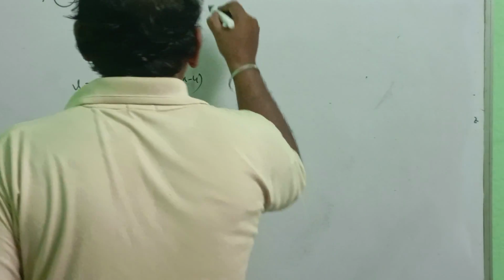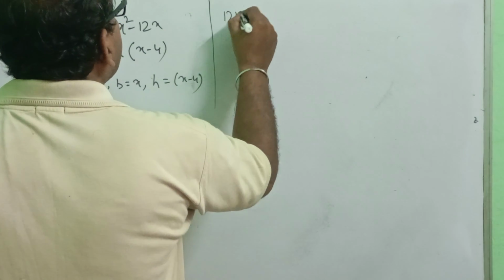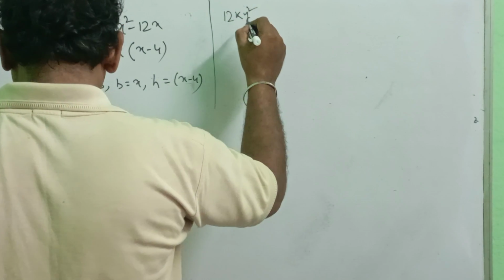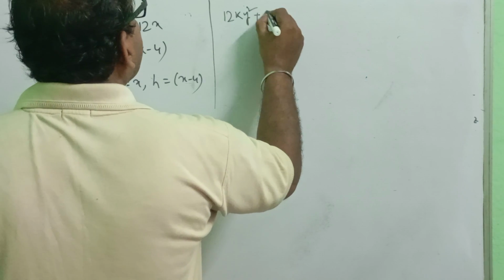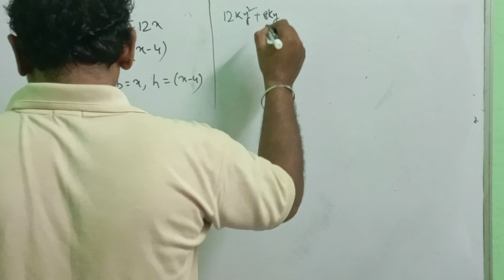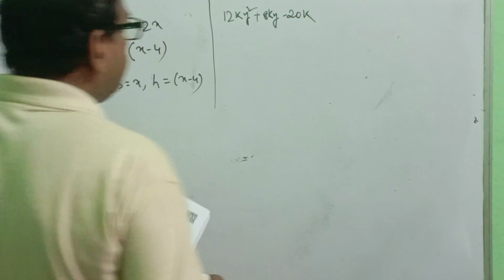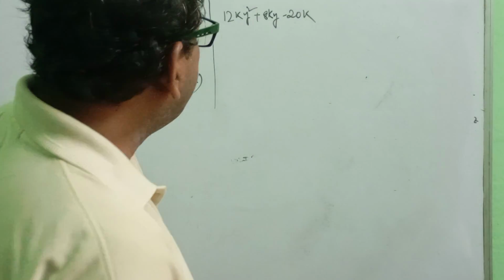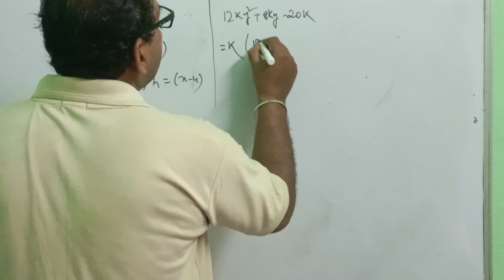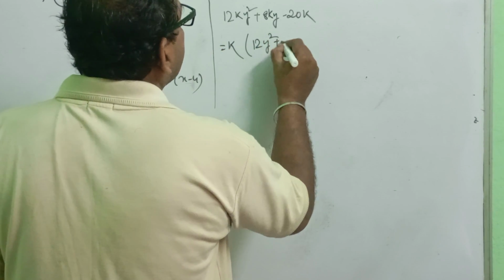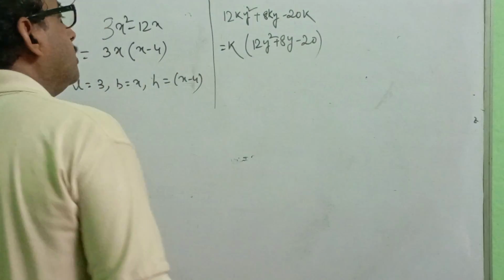Now they have given the second one, the last one: 12ky square plus 8ky minus 20k. Now what is taken common? k is taken common. 12y square plus 8y minus 20.